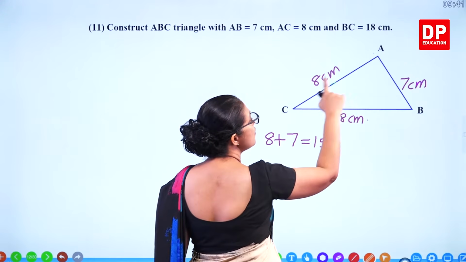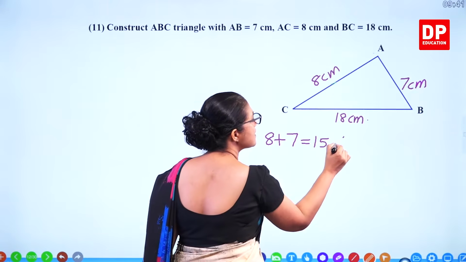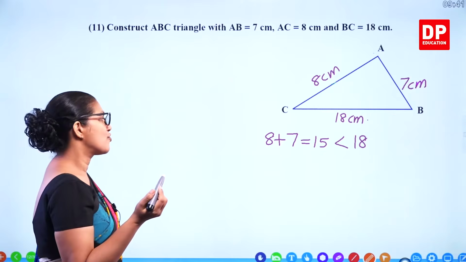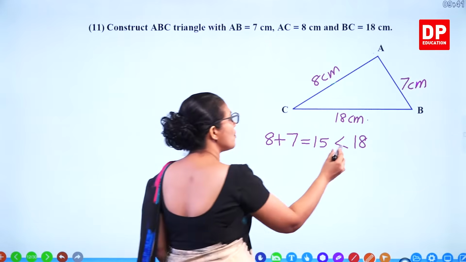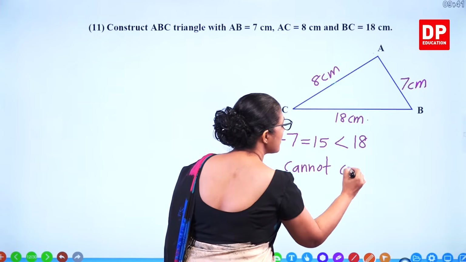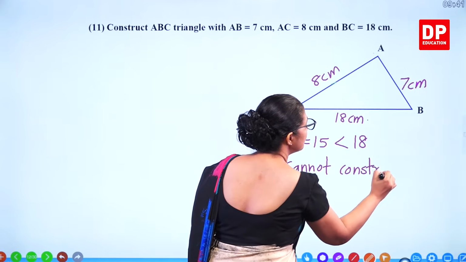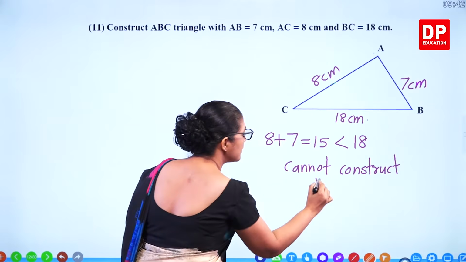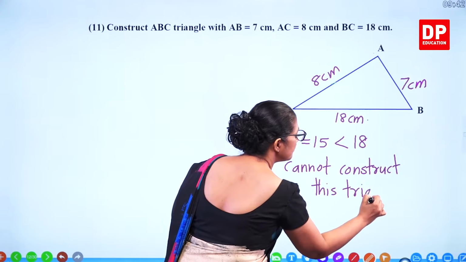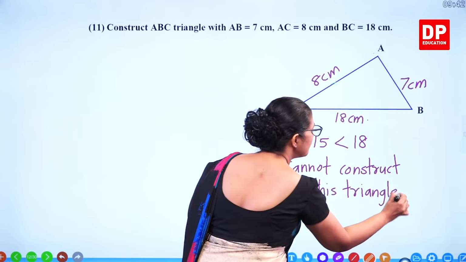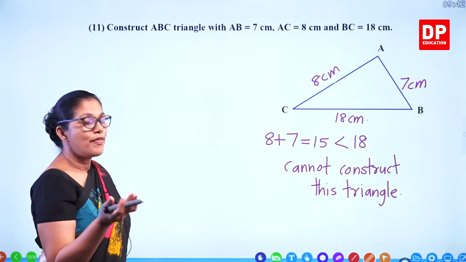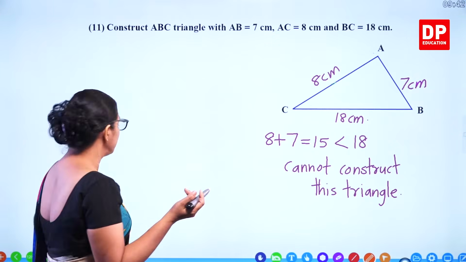When you add these two, it's less than 18, so we can't construct a triangle here. So we can say we cannot construct this triangle. 15 is not more than 18. It's less.